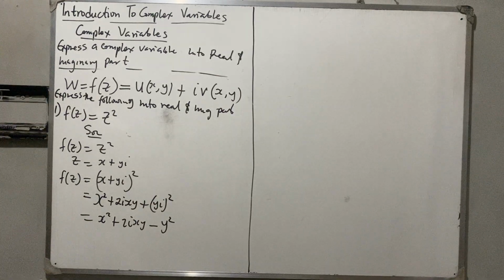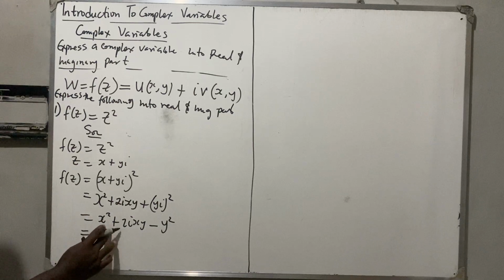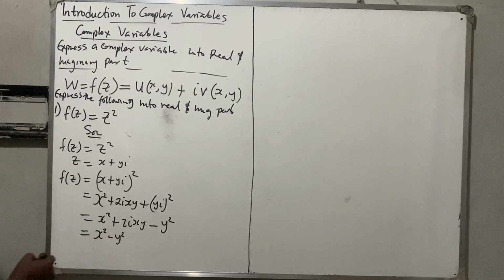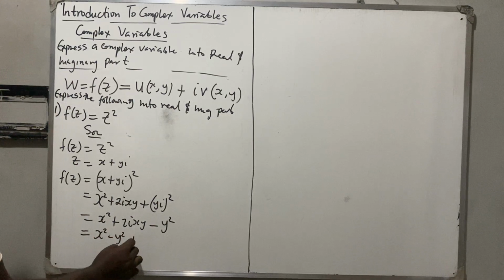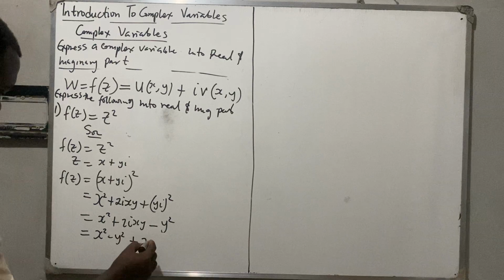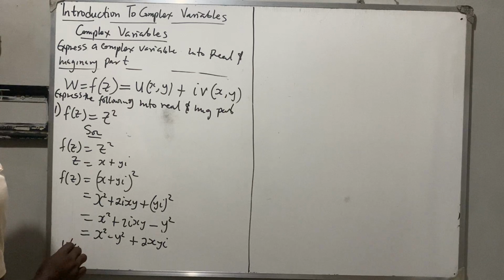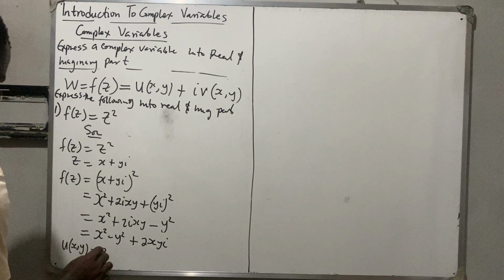Okay. So if you look at this very well, you see that this can be expressed as x squared minus y squared. These people, they don't have i. Then plus what? 2ixy, or 2xyi. So if you look at this, you will now notice that your u of x comma y is equal to this one that does not have i.